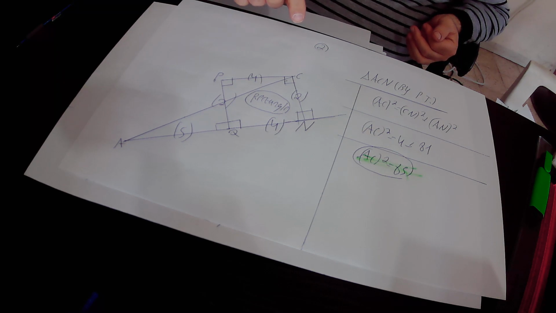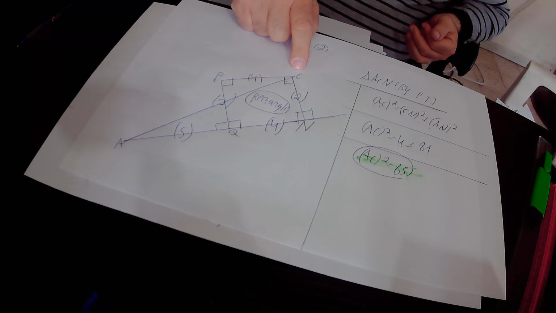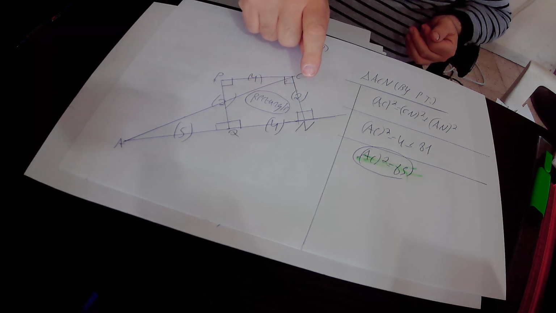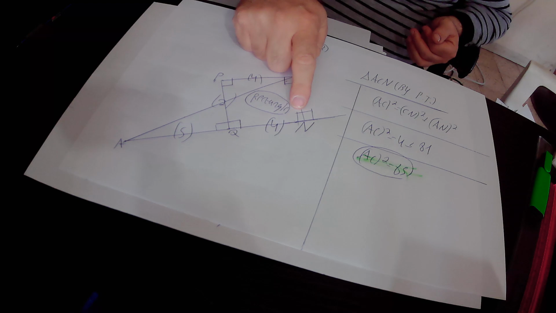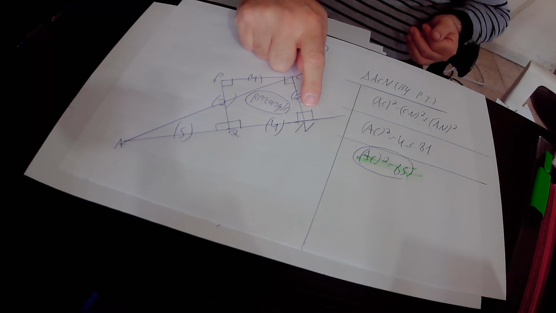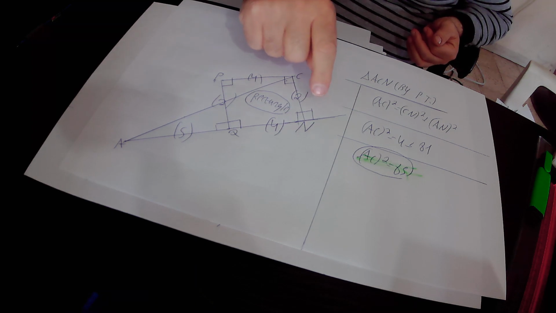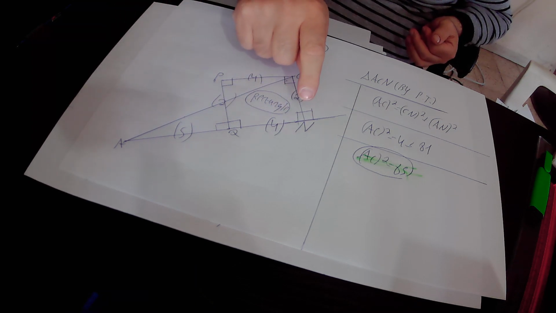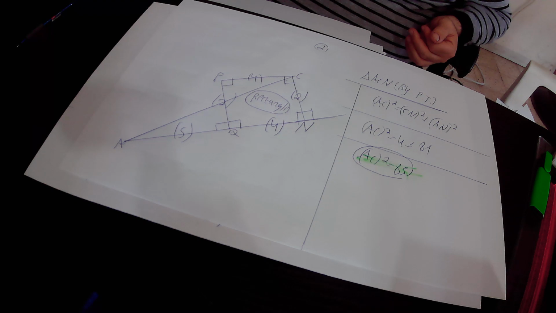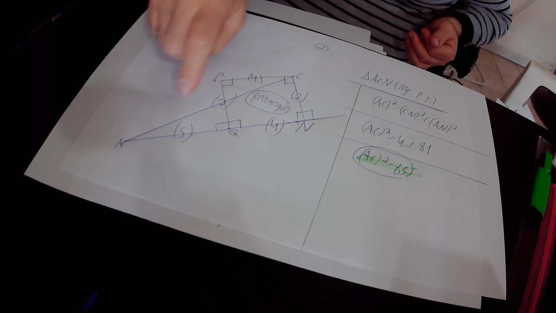In the next step, we did the construction. From point C, we draw a perpendicular to the extended AQ. So this angle equals 90 degrees, and this angle also equals 90 degrees according to our construction. We define the touching point of the perpendicular from point C and the extended AQ as N. By doing this construction, we created the right triangle ACN.